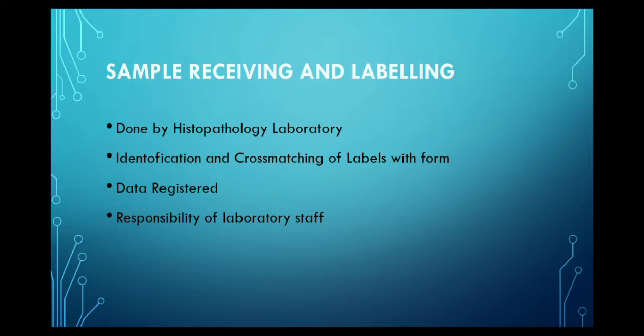The specimen or sample which is received is already labeled with patient details, so it is the duty of the laboratory to cross-match the information from the container to that TRF form and note down their data. And the data should be registered in the laboratory register.